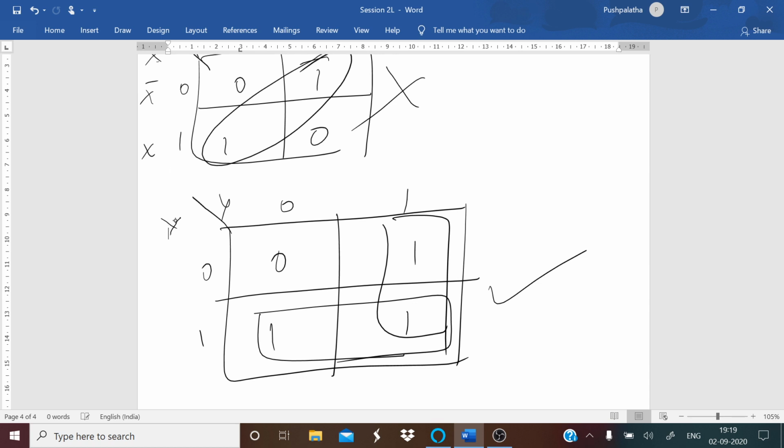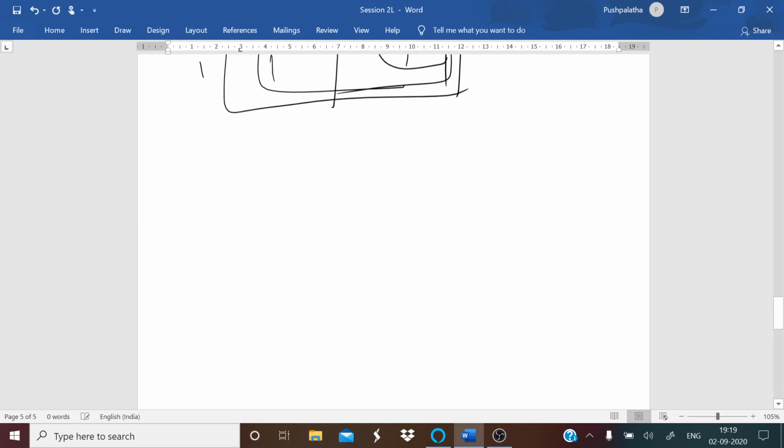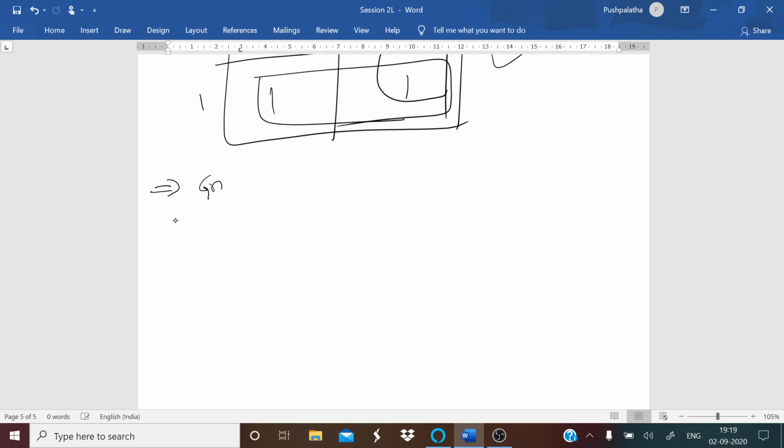That's the rule. Next, you have groups must contain 1, 2, 4 or 8 cells. That is, 2 to the power of n: if n is 1, a group of 2 ones, since 2 to the power of 1 is 2. If n is 2, it will be 2 to the power of 2, that is 4.